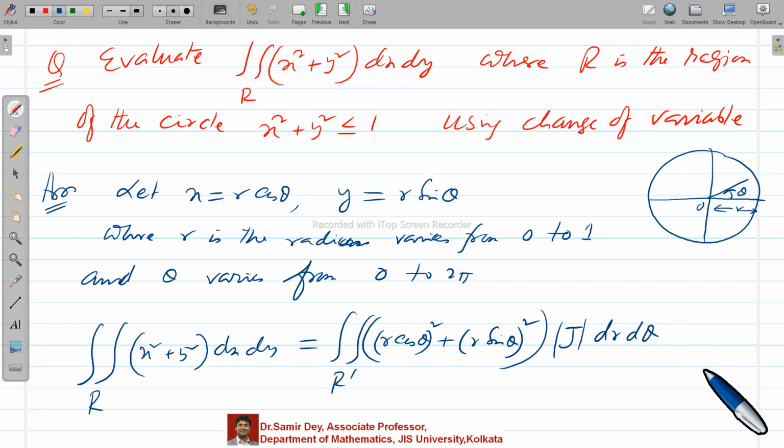Clear? So here x is associated with r theta, y is associated with r theta. So we need to find j, then you can substitute here. So this is our main need.